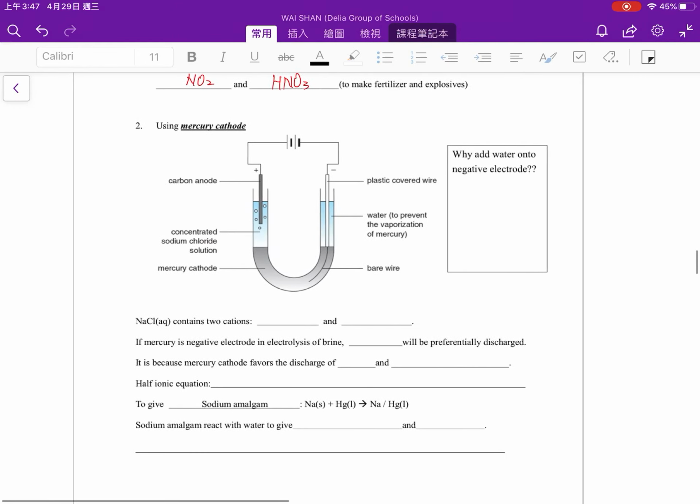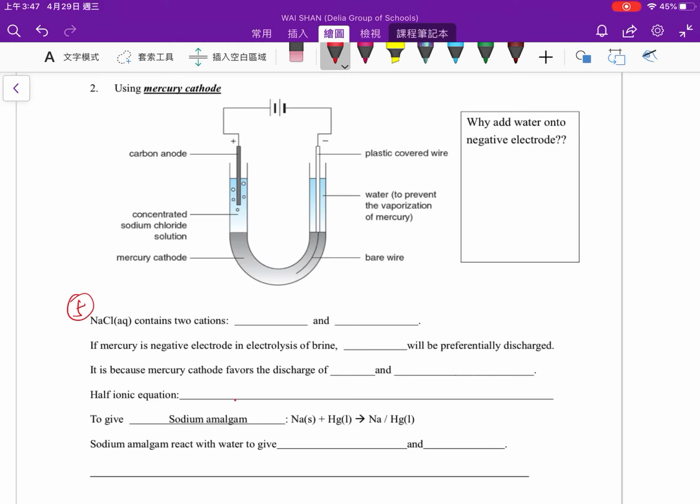Okay, on page 11, this setup using mercury as cathode. Okay, 5, 6, 7, and 8. So you have to do these, and then for others you don't need to do it. Okay, up to here, 8, and also here. Okay, 9, 10.